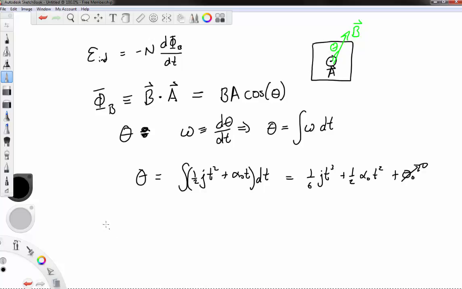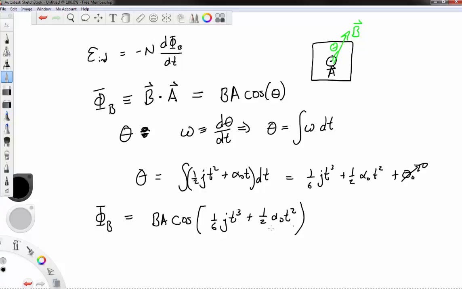Okay, so this means that phi, the flux for the magnetic field, is B times A times the cosine of 1/6 of j t cubed plus 1/2 of alpha naught t squared. Now we can do this.